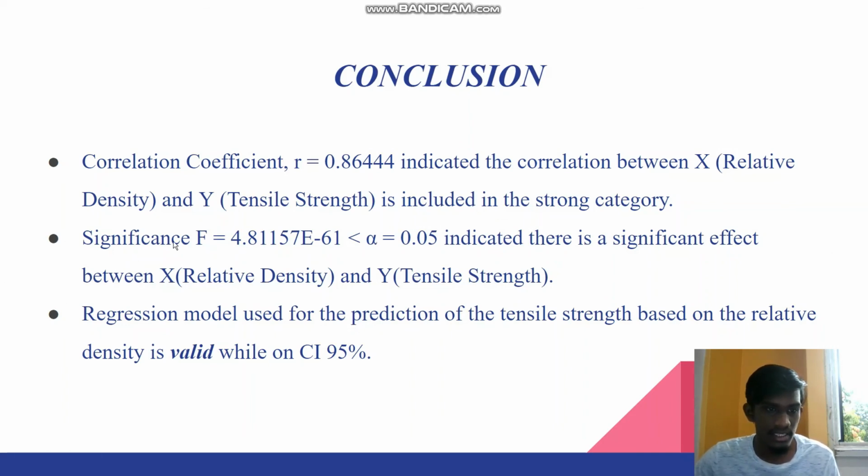Next, significance F equals 4.81157 exponent negative 61, which is smaller than alpha 0.05, indicating there is a significant effect between x and y, which are relative density and tensile strength. Lastly, the regression model used for the prediction of tensile strength based on the relative density is valid, with a CI of 95%. That's all from our group. Thank you.